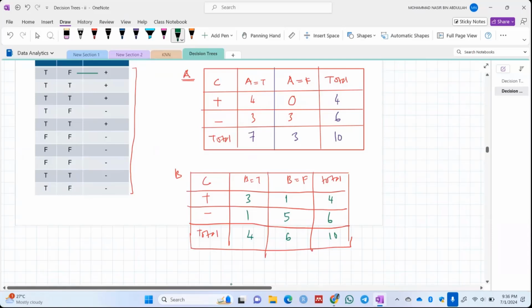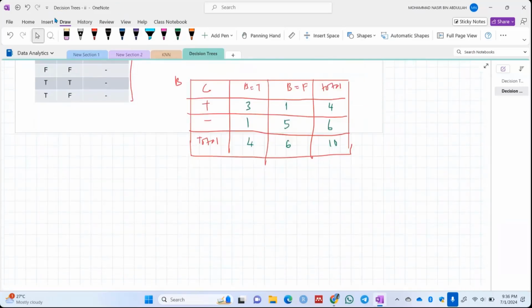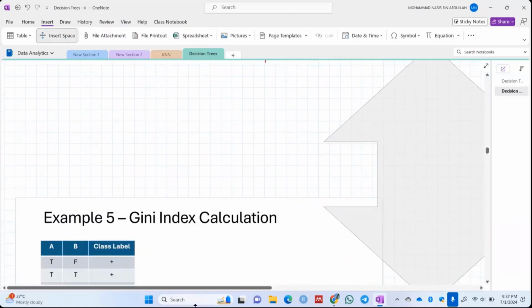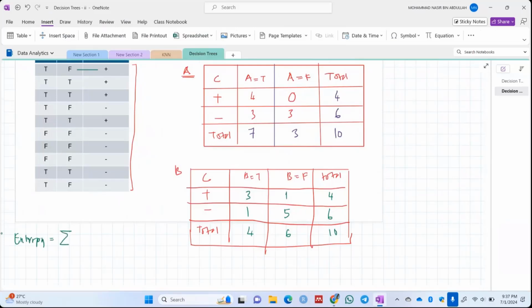All right. Now, the formula, this procedure we want to calculate entropy, right? We create more space. So remember the formula of entropy is summation of negative p_i, which is proportion, multiplied with log proportion base 2.